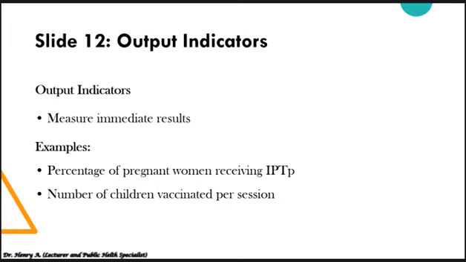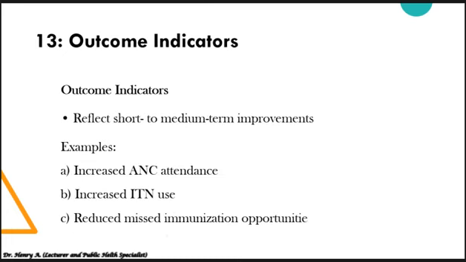Now we'll see, beyond output indicators, we have the outcome indicators. This reflects both short to medium-term health improvements among the targeted population. It reflects the short-term to the medium-term health improvement that has taken place among the particular target population. For example, the increase in ANC attendance rates.